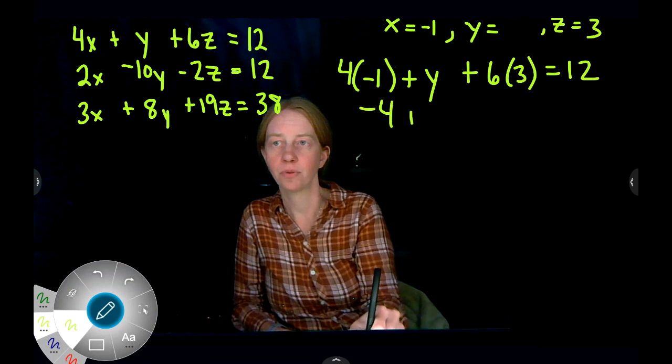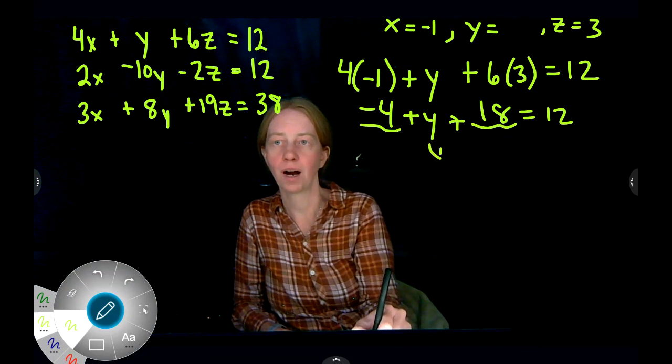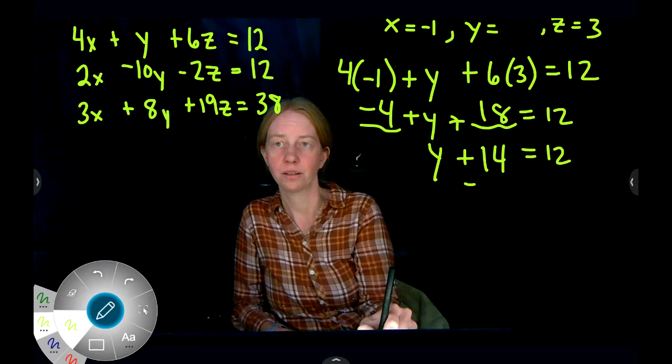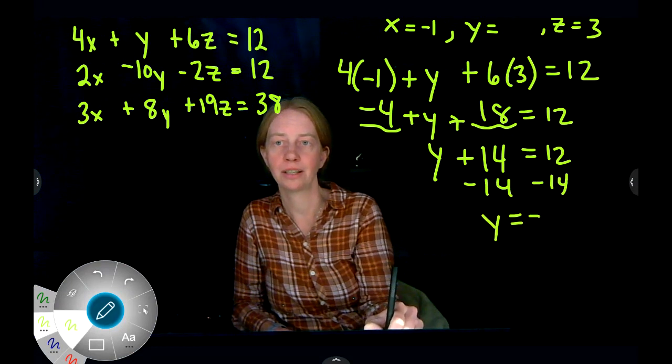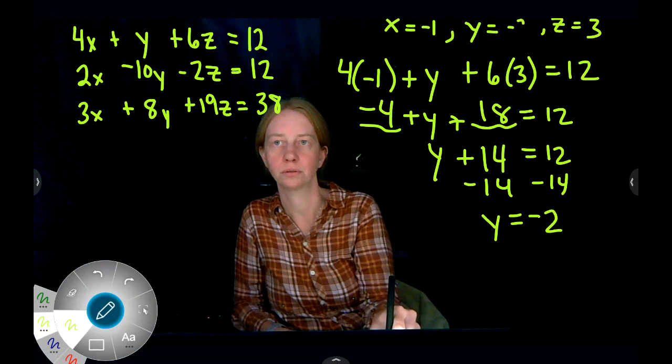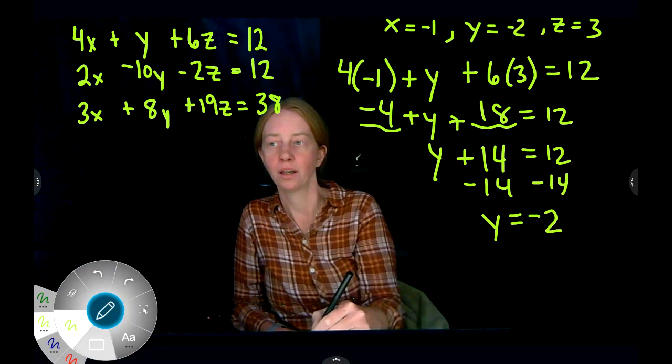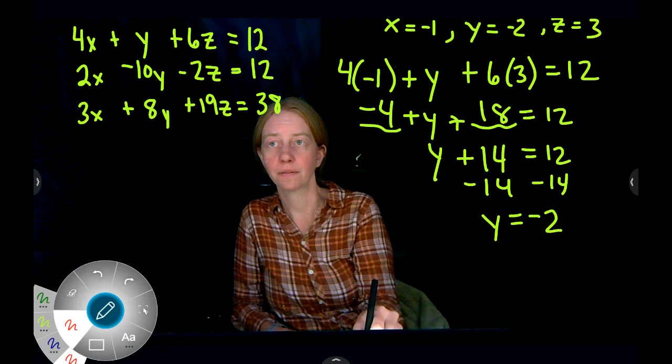So this is negative 4 plus y plus 18 equals 12. We can combine like terms. So this is y plus 14 equals 12. Subtract 14. y equals negative 2. Okay. And so this is our final answer.